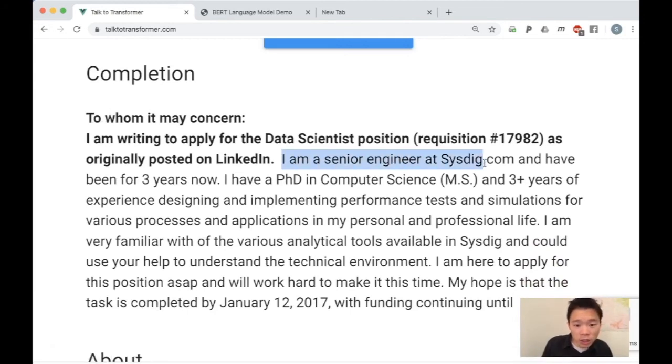I'm a senior engineer at Sysdig.com, and have been for 3 years now. I have a PhD in computer science, MS. That's a little interesting, and 3+ years of experience designing and implementing performance tests and simulations for various processes and applications in my personal and professional life. That's a mouthful, but this is the kind of thing that you would find in a job application cover letter, right?